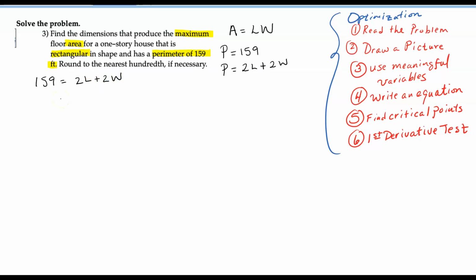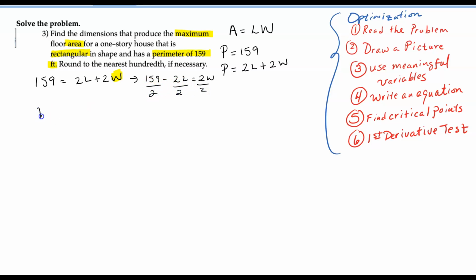And then I'm going to solve for one of my variables. Let's suppose I want to solve for the variable W. So then I'm going to write 159 minus 2L equals 2W. And then I can divide everything by 2.